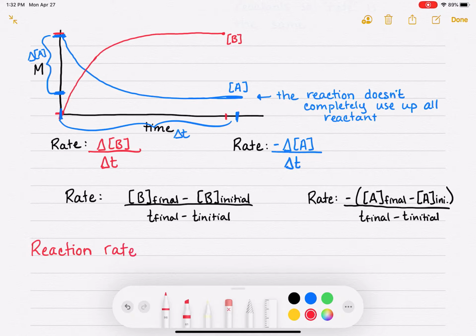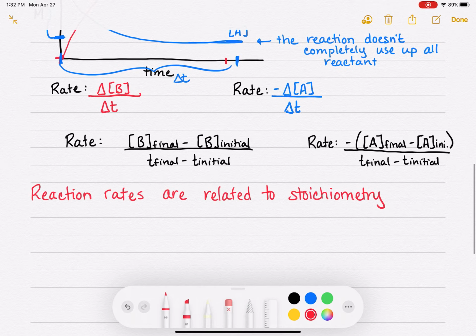So we're going to say reaction rates are related to stoichiometry. And so, for example, let's consider a reaction that has an overall equation that would be something of this format.